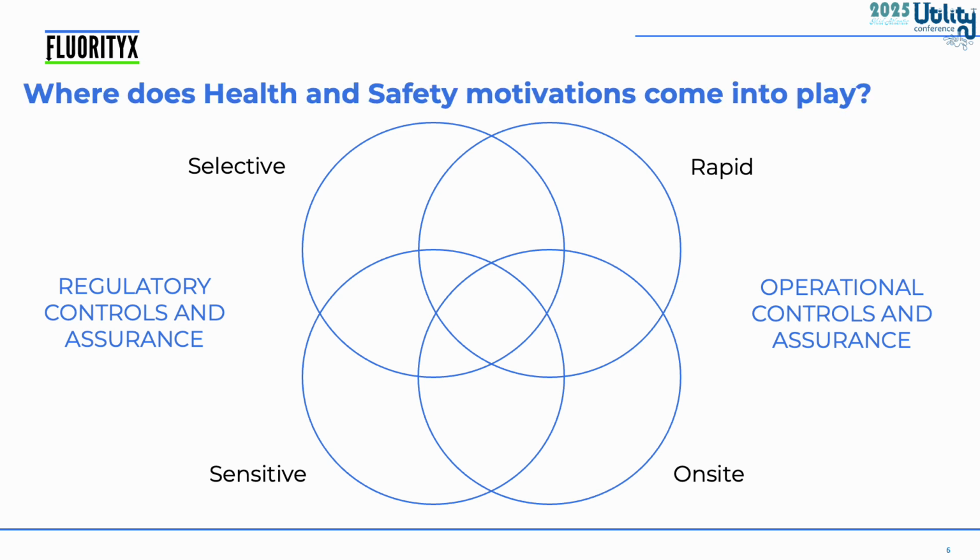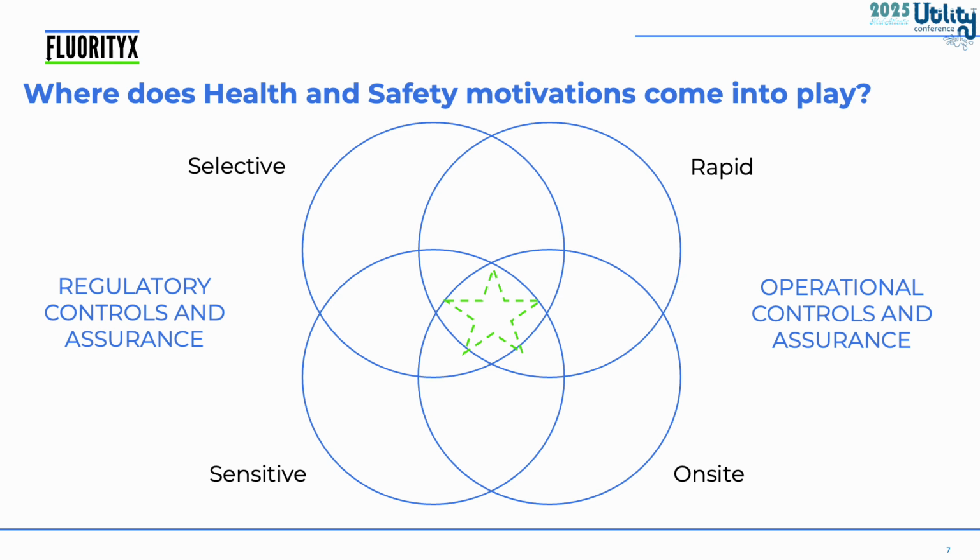After putting this together, I did realize that there is another important motivation that's missing. Where do health and safety motivations come into play? What types of instruments are ideal for supporting health and safety objectives? For me, I would argue that it comes in the middle.